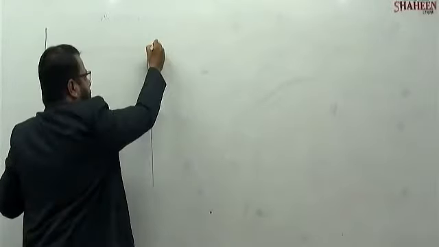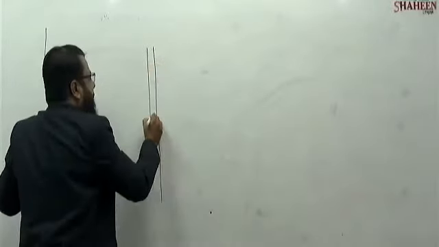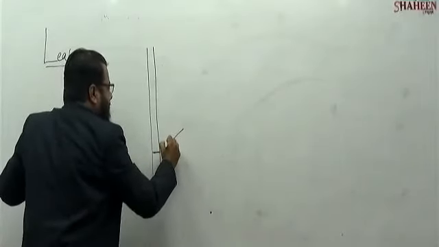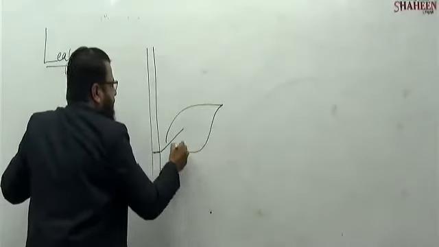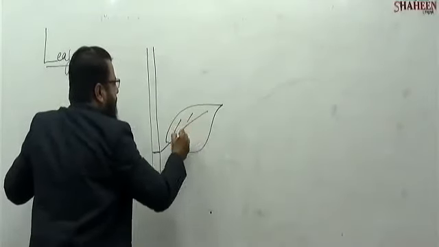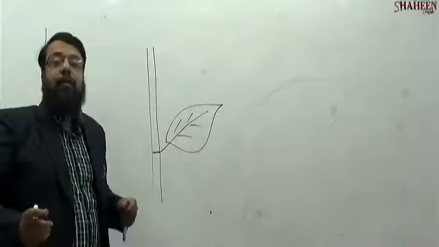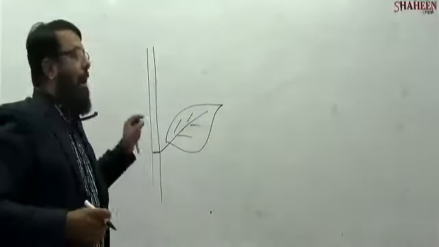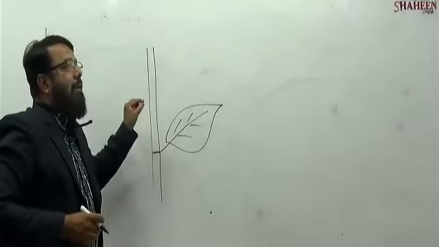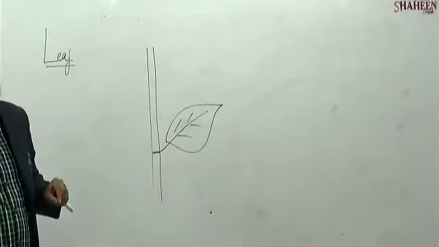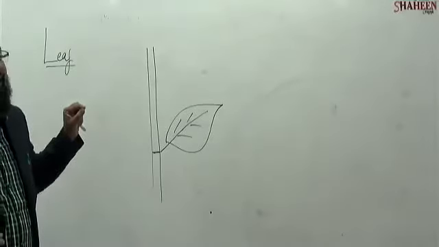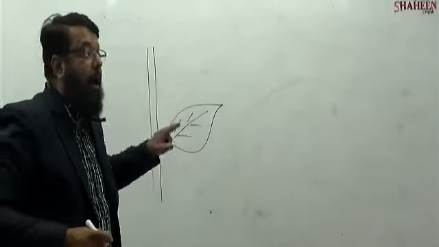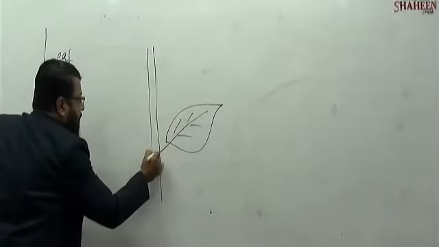is a structure or a part of a plant that is lateral in position, and it is not swollen, it is a flat structure, lateral and flat, that is usually present on what is this region called?